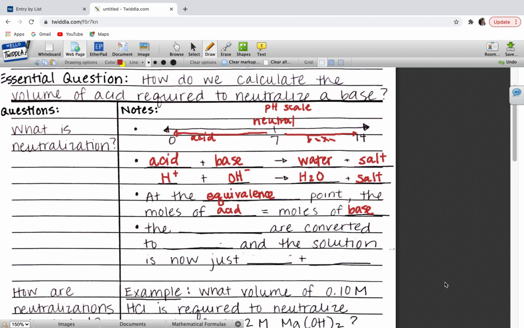So at the equivalence point, I have exactly the same amount of hydrogen and hydroxide. And so what really happens is that those reactants are used up. They're converted to products. And so instead of acid and base, all we have now are our products, salt and water.